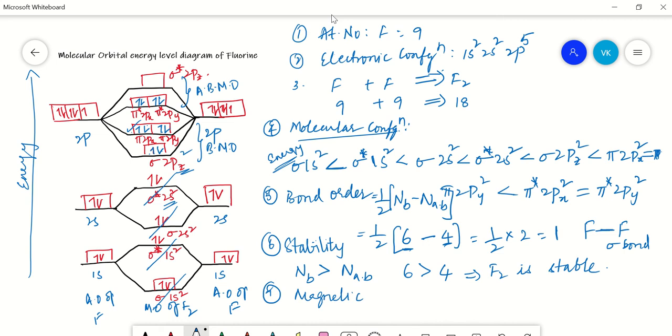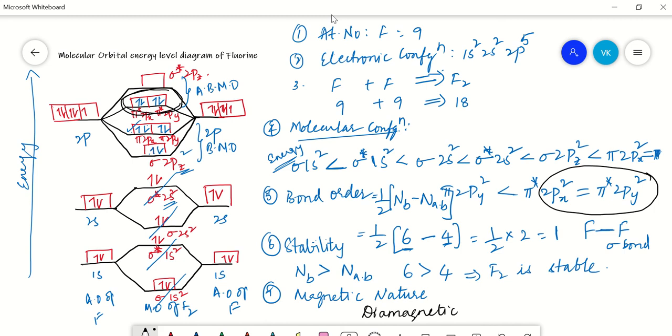As I've said, it depends upon the highest electronic configuration or the energy configuration. See here, the last electronic configuration is paired up. So we say that fluorine is diamagnetic in nature because of the paired up electronic configuration.